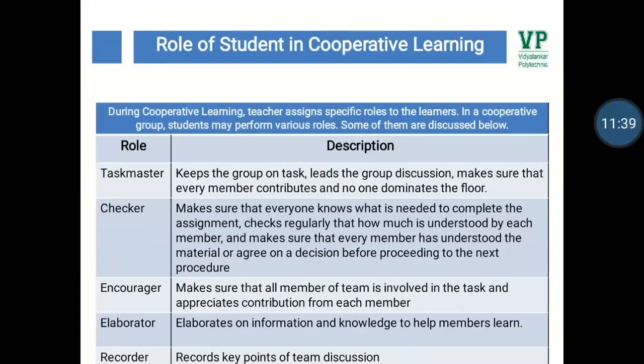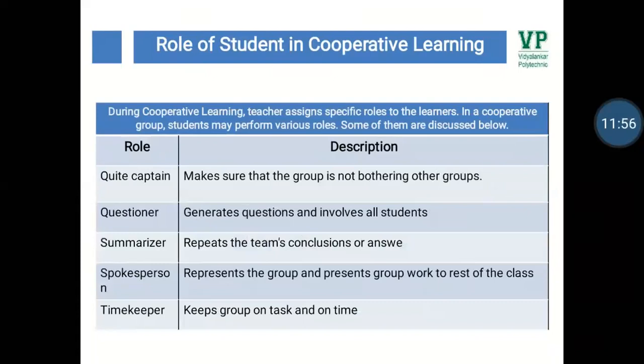In a cooperative group, students may perform various roles such as taskmaster, checker, encourager, elaborator, recorder. There are various other roles of students as well: quiet captain, questioner, summarizer, spokesperson, timekeeper, etc. Read carefully the description for each role.